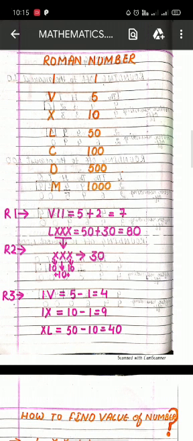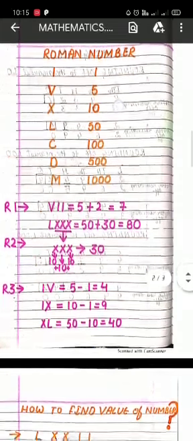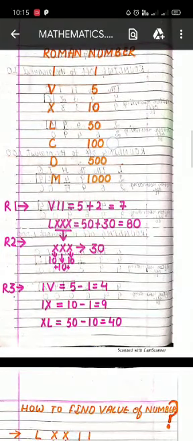The limit of repeating is 3 times, not more than 3. The letters like I, X, C and M can be repeated only till 3 times, not more than that.